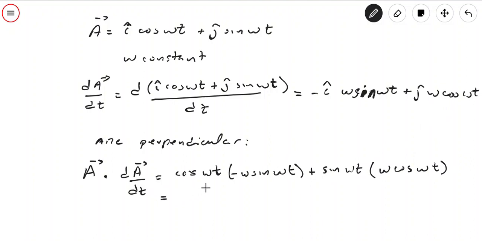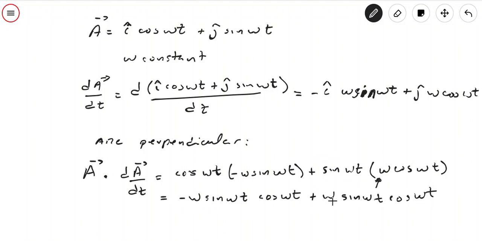So this would be negative W cosine of Wt times sine of Wt. It doesn't matter the order, I'm going to say sine Wt cosine Wt. Now we can say plus W times the sine of Wt cosine of Wt.